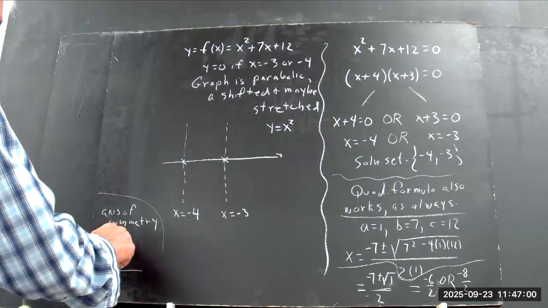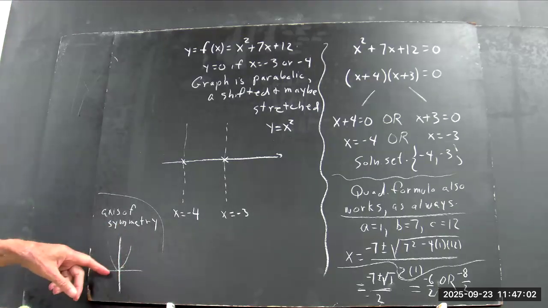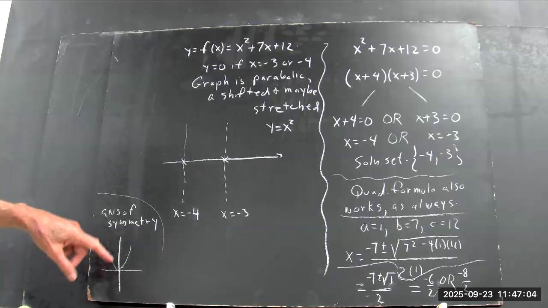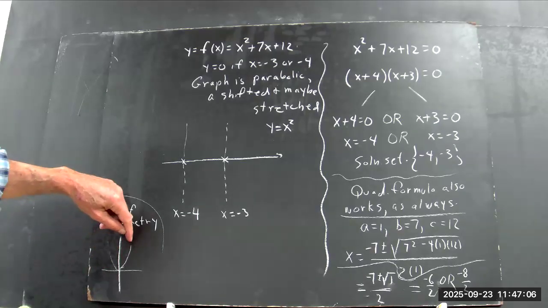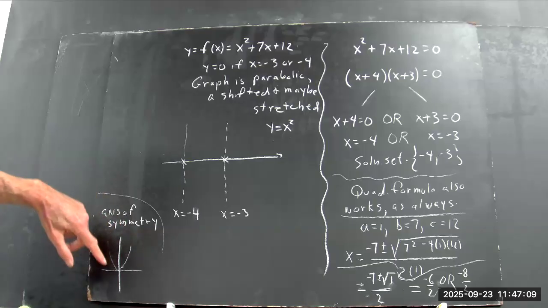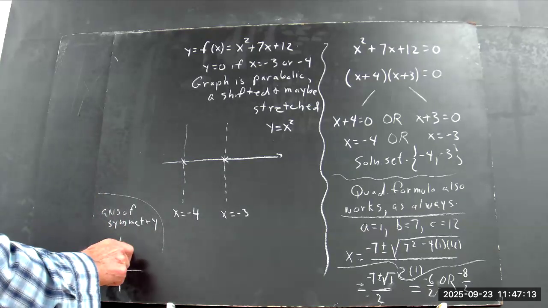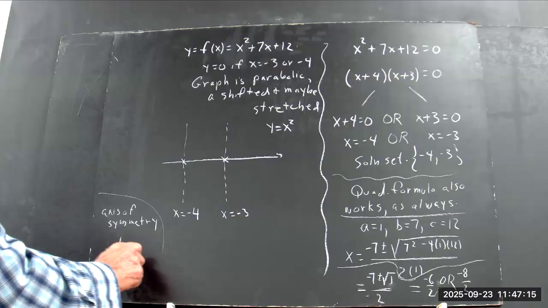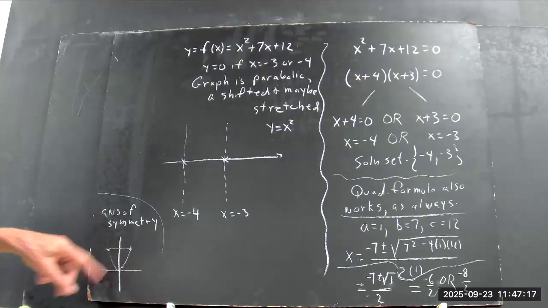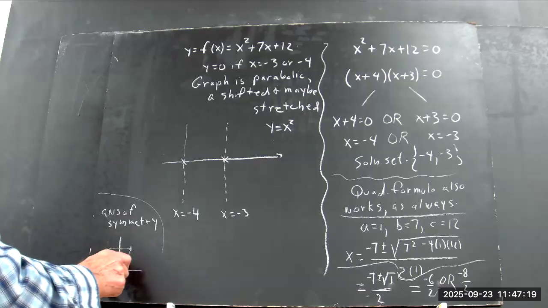You know that this line down the middle is an axis of symmetry. You have the same shape over here reflected over here. Every point over here corresponds to a point over here at equal distance on the other side of the axis of symmetry.